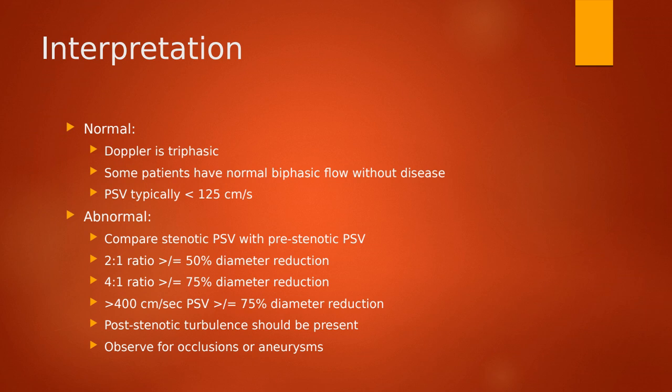There's no really high velocity, there's no diameter reduction, there's no color turbulence, because there's literally no flow getting through that region. So, anything from 50% diameter reduced to 99% diameter reduced, we're going to see some post-stenotic turbulence. We also want to make sure that we're evaluating for occlusions and aneurysms in response to really tight stenoses.